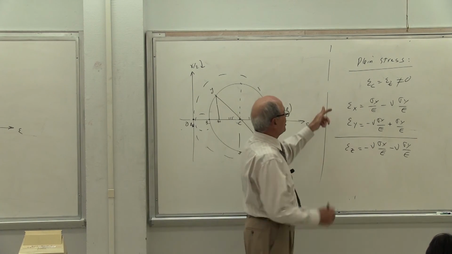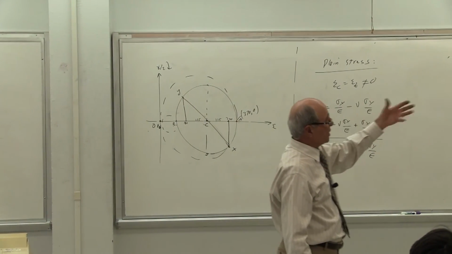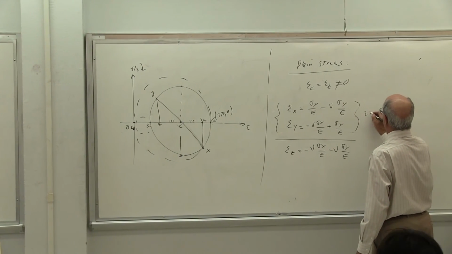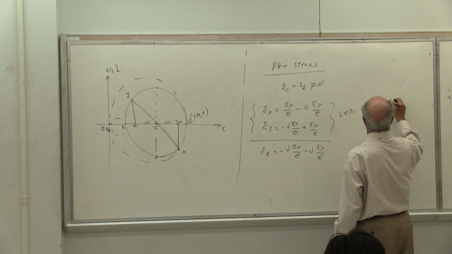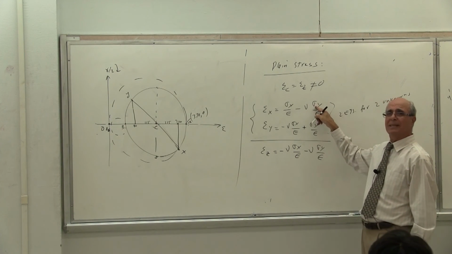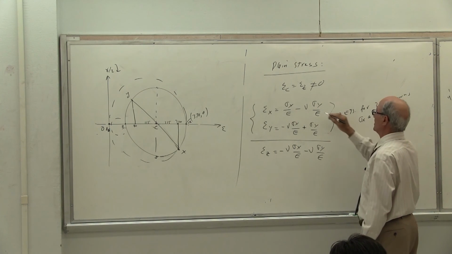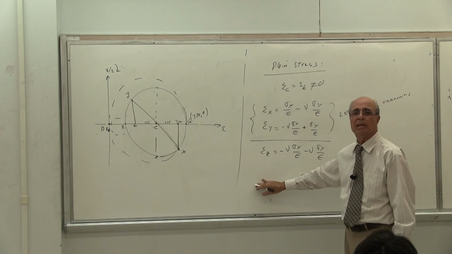This is two equations for two unknowns. By the way, you have to use that in some of your homework. Write it down in front of you. Two equations for two unknowns, and those two unknowns are sigma x and sigma y. You calculate sigma x and sigma y, and then put them here and calculate epsilon z.